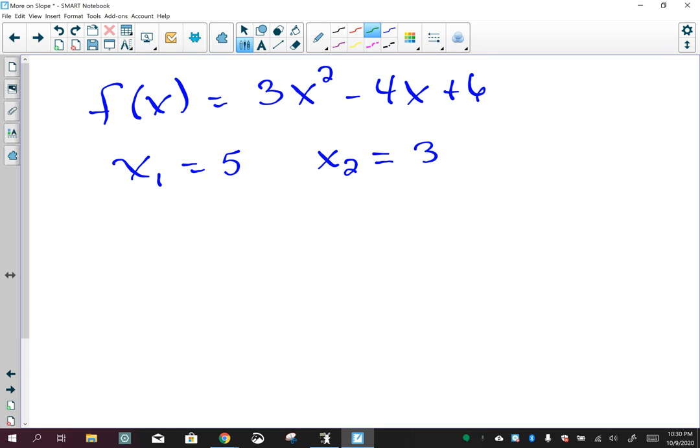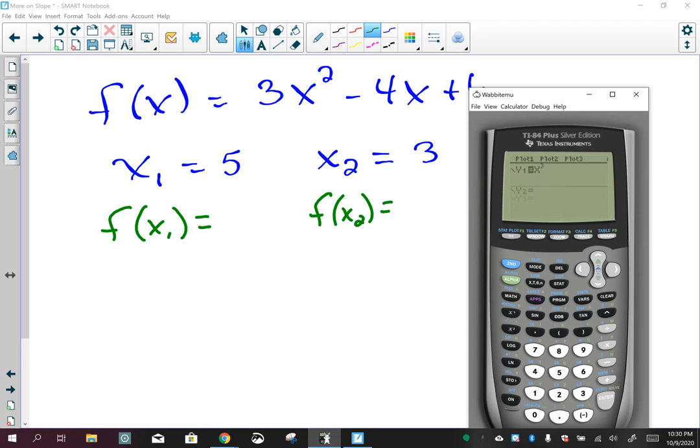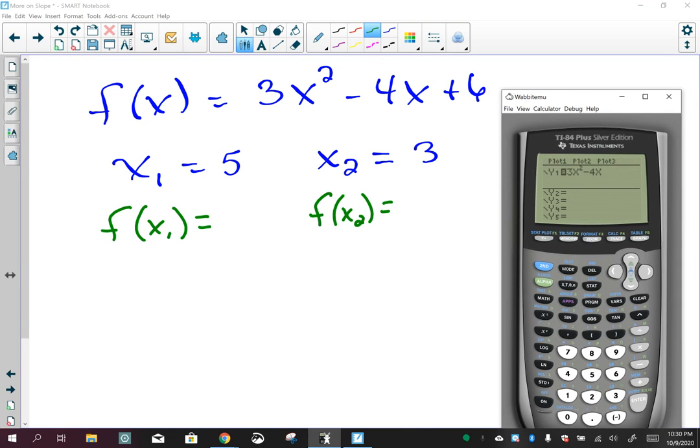All right, welcome back. Let's see how you did. So if I do this, f of x1 and then f of x2. So I'm going to come over here and I'm going to say, all right, 3x squared minus 4x plus 6.